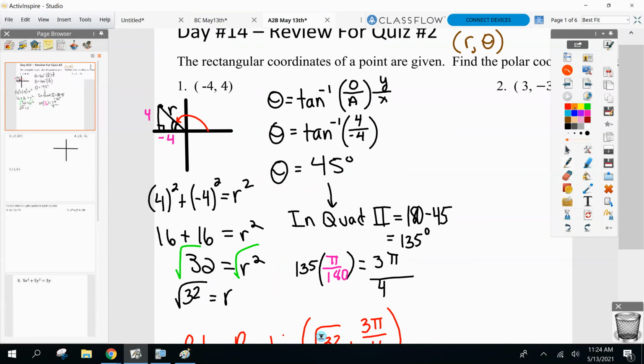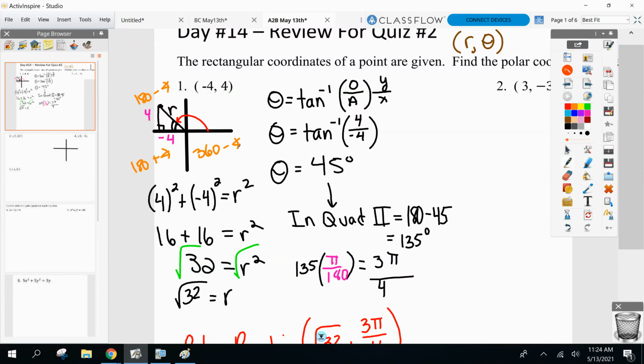So quadrant 2, the one we're in, we do 180 minus the angle we find on the calculator. Anybody remember, what if it's in quadrant 3? What do I need to do with the angle in my calculator? Add it to 180. There you go. 180 plus the angle in my calculator. And then finally, what if I'm in quad 4? 360 minus the angle.